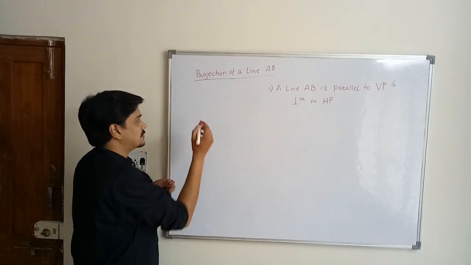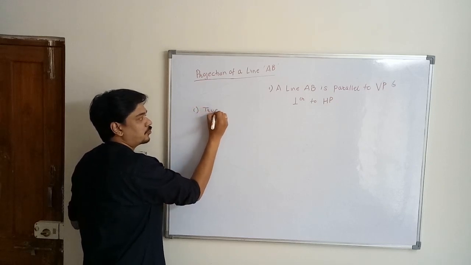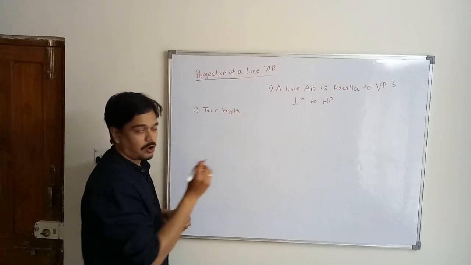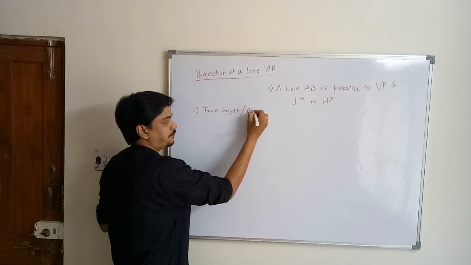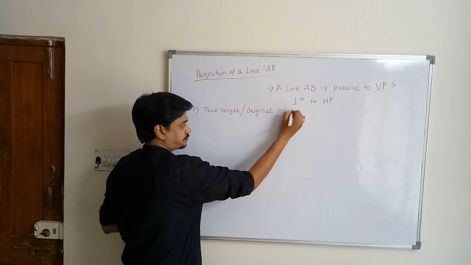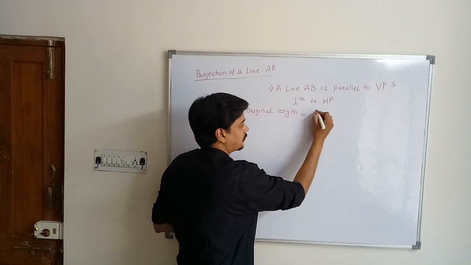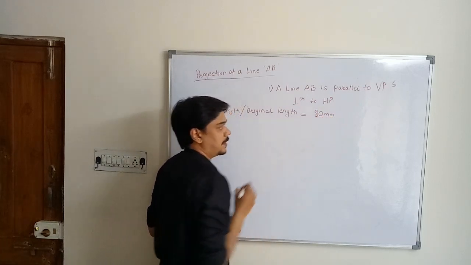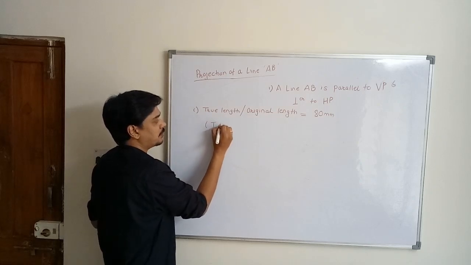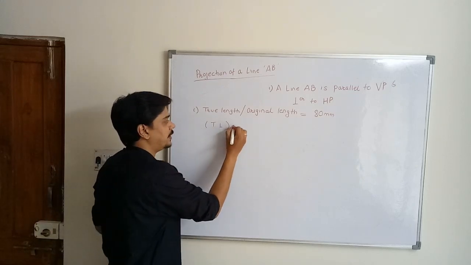So your first assumption is the original length of the line, or true length of the line, which is given to be 80 mm. This true length is represented by the term TL, true length. It is equal to 80.